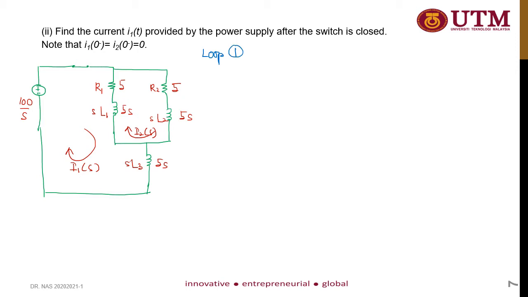Okay, so it is basically 5 plus the total 10s for I1(s), minus the shared one, which is 5 plus 5s, I2(s), equal to the source, which is 100 over s. So this is equation 1.